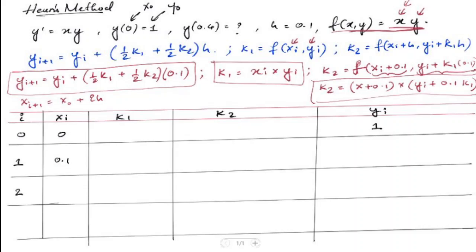When i is equal to 2, we can just add h to the previous value of x, so 0.1 plus 0.1 is 0.2. Here I think I drew one row less, so I would like to redraw the rows so it's more clear.